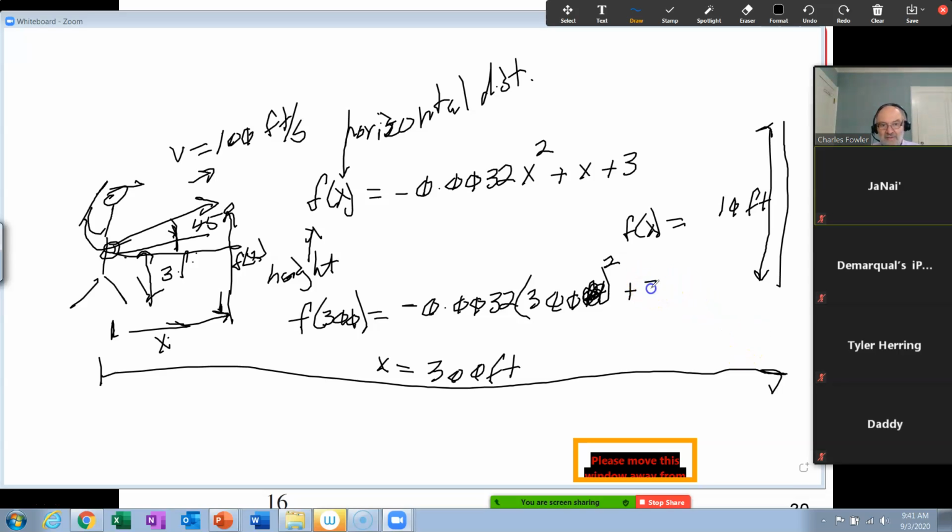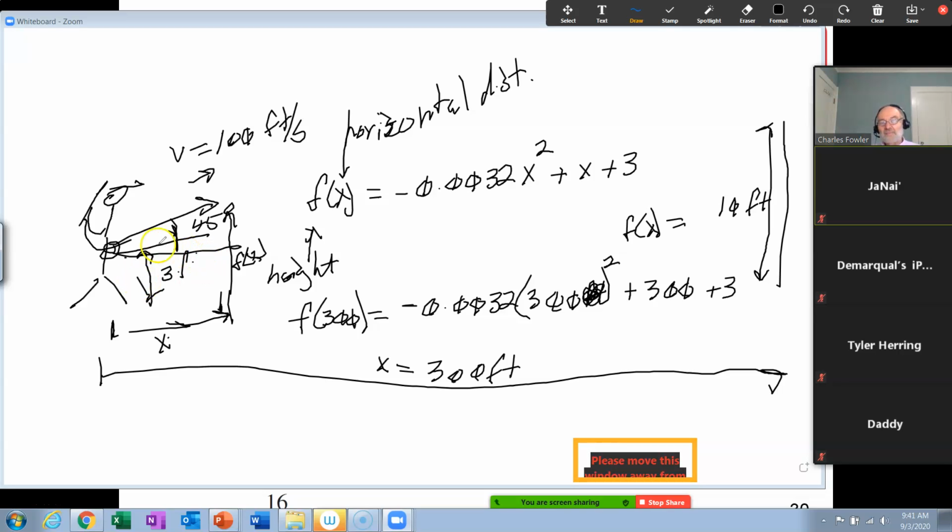Plus 300 plus 3. Okay. Now, I'll tell you a little bit of what the deal is here. The negative sign means gravity is pulling that ball downward. Okay, it started 3 feet above the ground because that's where he hit it. So when x was equal to 0, it's 3 feet off the ground. So that's good. That's right where he hit the ball, 3 feet off the ground.